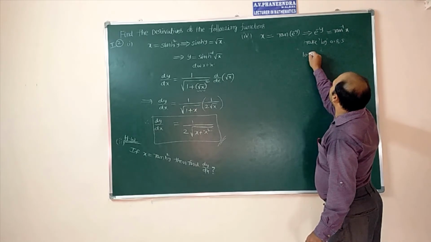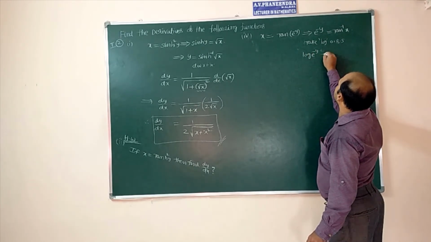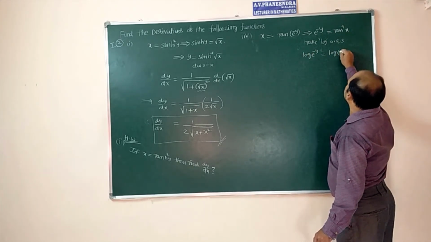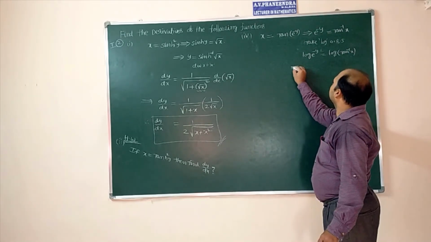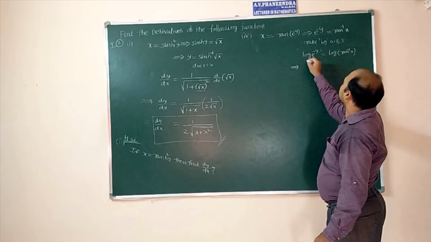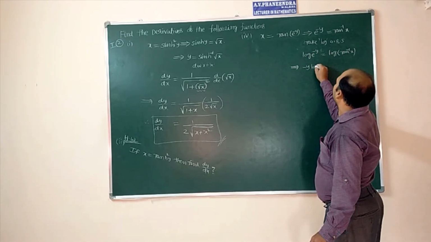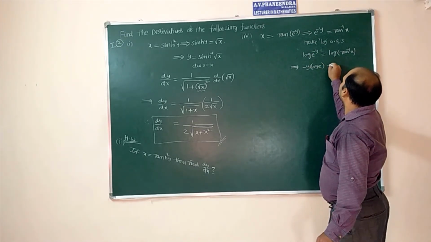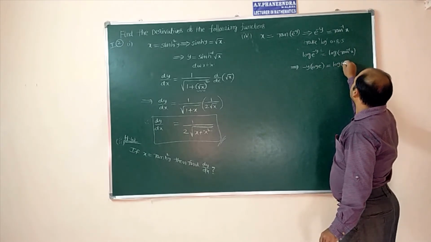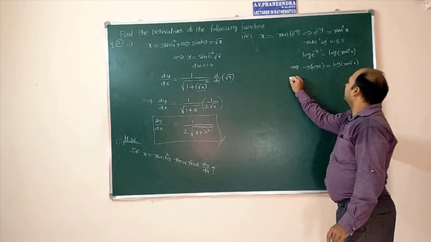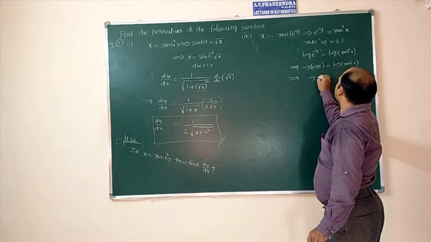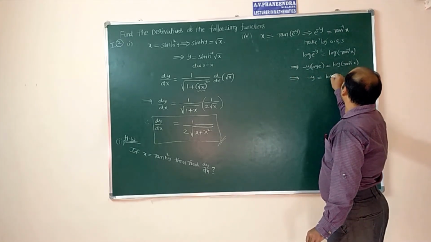So log of e power minus y is equal to log of tan inverse x. By using logarithm properties, log e power minus y is minus y into log e. Log e value is 1, so it is equal to log of tan inverse x. That implies minus y is equal to log of tan inverse x.